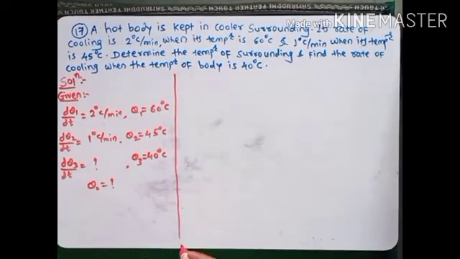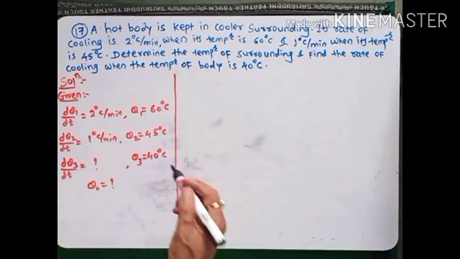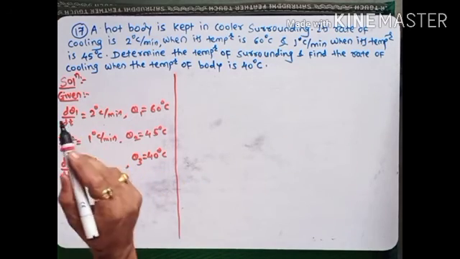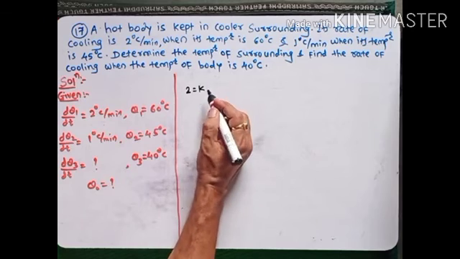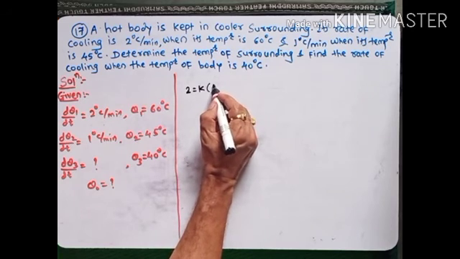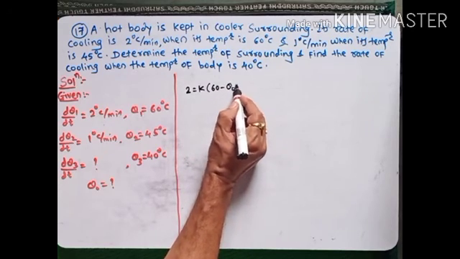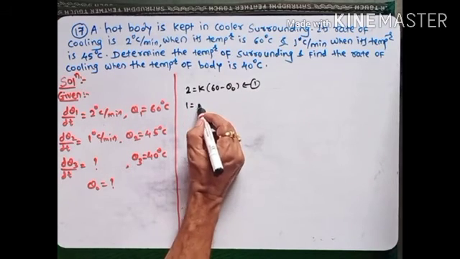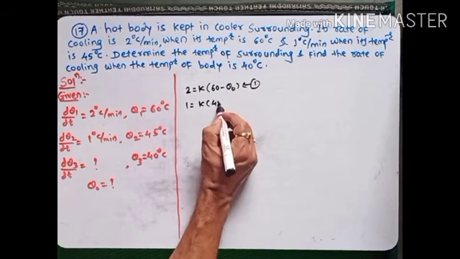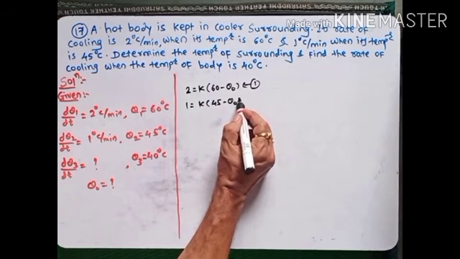Now we will solve. Suppose, as in the previous example, dθ1/dt, I will write 2 equal to k into (θ1 minus θ0), means 60 minus θ0, equation 1. Similarly, 1 equal to k into (45 minus θ0).